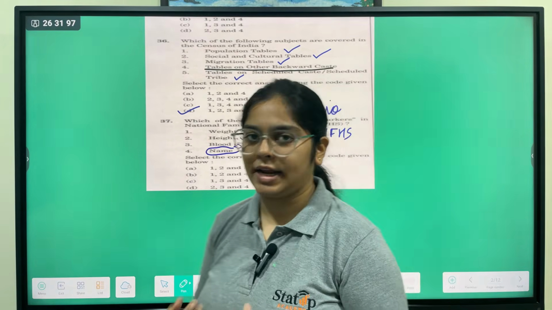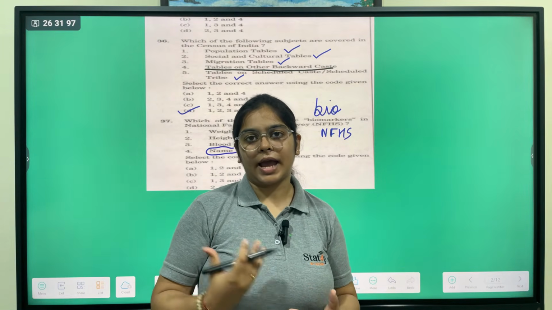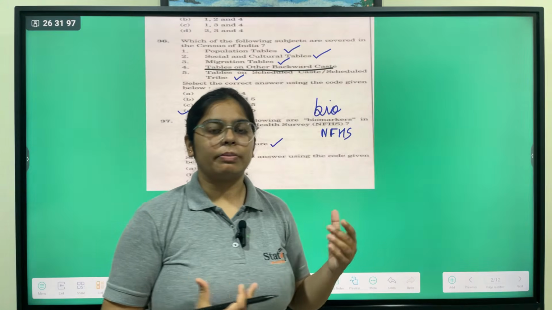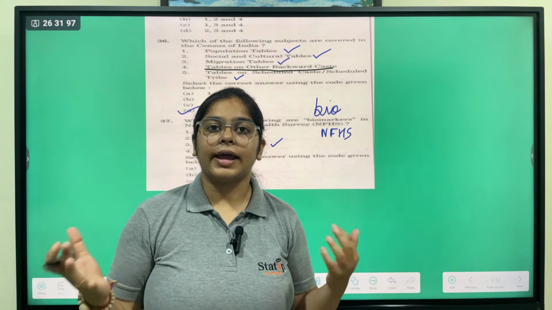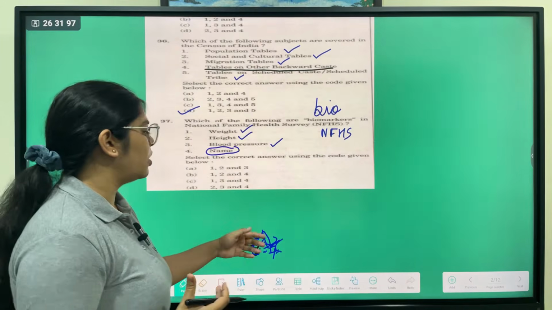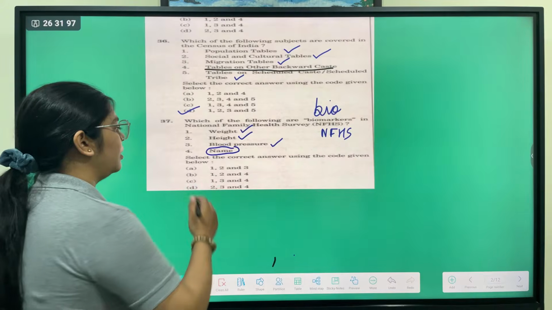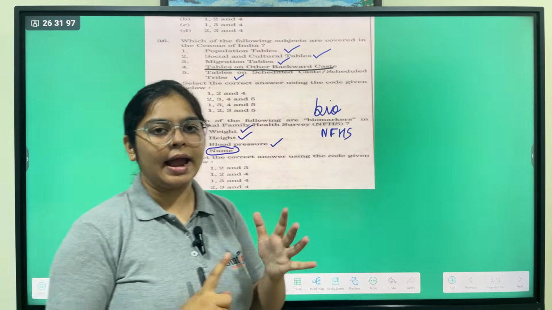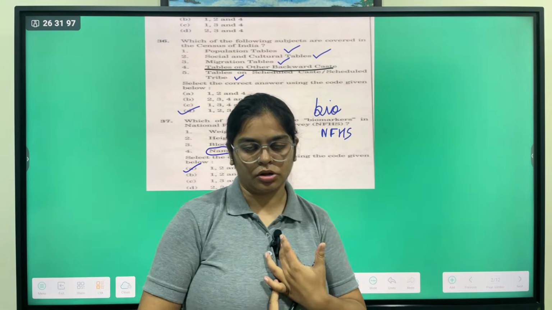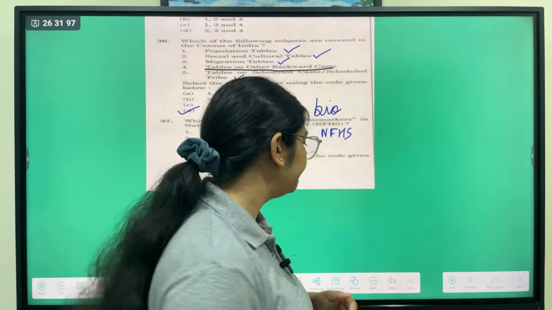We are named by our parents, something like I am named Shruti, but that is not a part of my body, that is the name I carry. So this is not a biomarker, and hence option number A is correct, which is 1, 2, and 3. Weight is related to my body, height is related to my body, and blood pressure is also related to my body, and hence these three are our biomarkers.